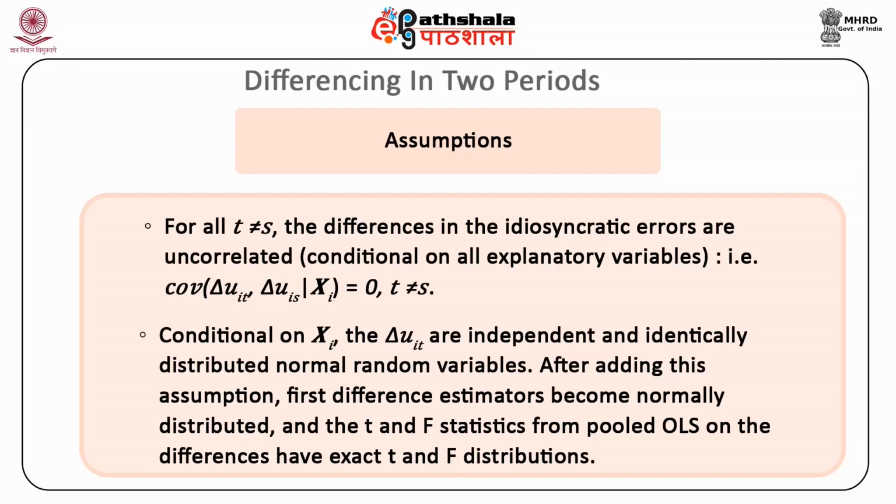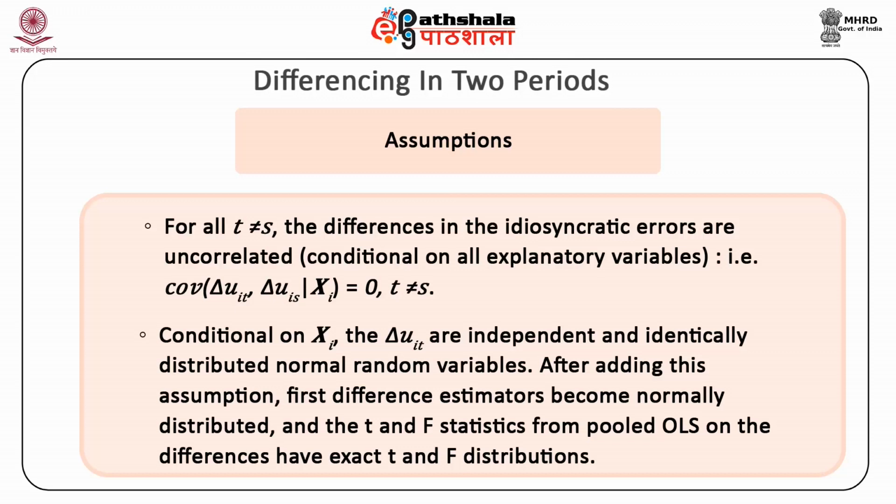After adding this assumption, first difference estimators become normally distributed and the t and F statistics from pooled OLS on the differences have exact t and F distributions.